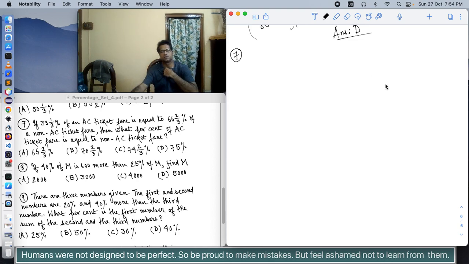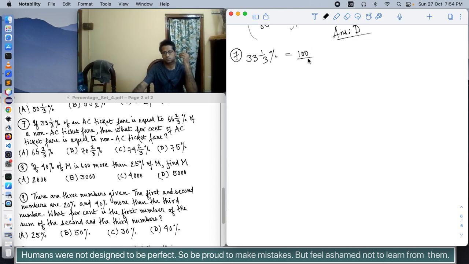So it is given that 33 and 1/3%. First of all, let's simplify the mixed fraction.